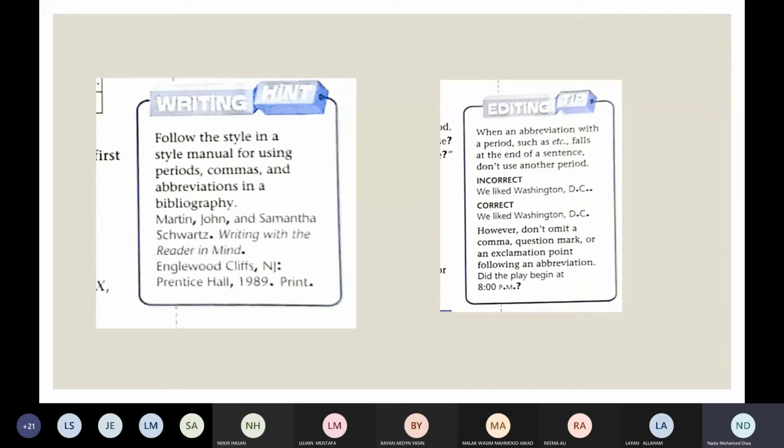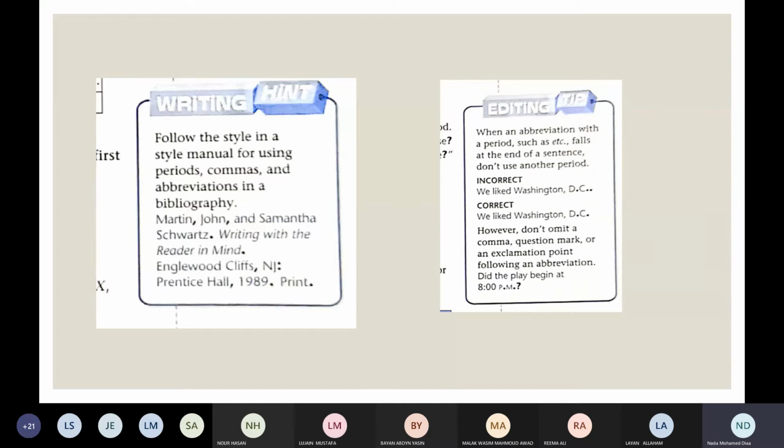Englewood Cliffs, comma, NJ. Prentice Hall, 1989, dot, print, dot. What is that? This is a style manual for using periods or commas and abbreviations in bibliographies in books.